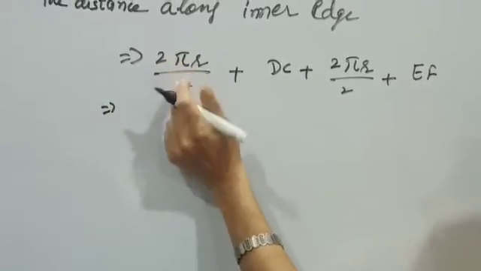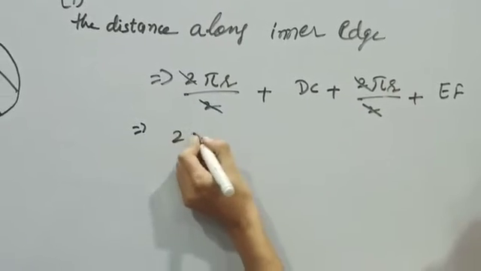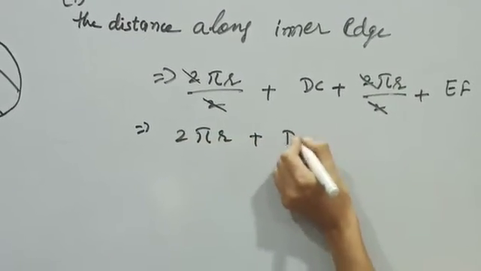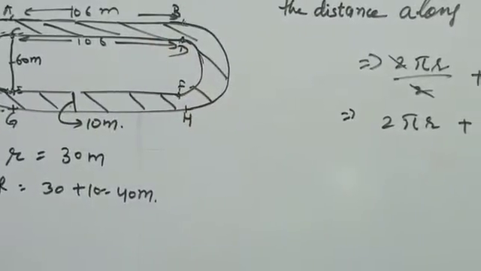Then the 2 and 2 cancel out. So pi r and pi r make 2 pi r, and DC plus EF length is given to us as 106 meters.